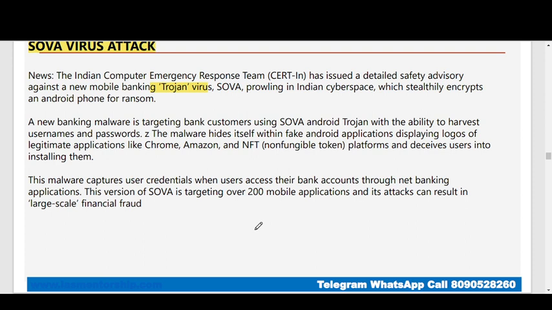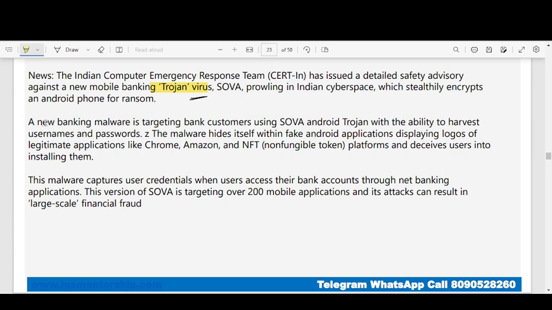So you go to the payment page and you make the payment, and then you realize that the payment has been deducted, but it has not gone to Amazon. The virus, which created a false and exact duplicate payment page, has tricked you and taken all your money.